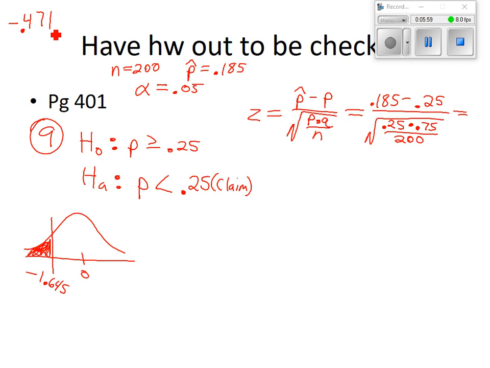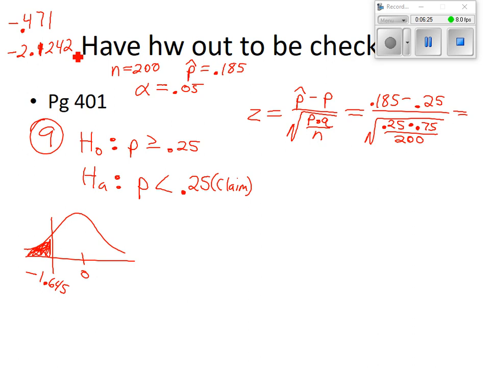That's not what I got. Well, what'd you get? Negative 2.1242. You see me not doing this, right? Because you guys gotta know how to punch it into the calculator.